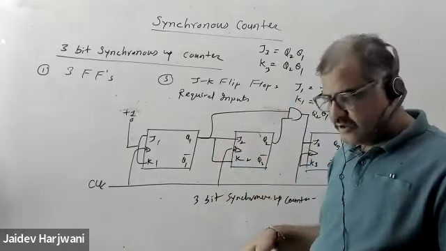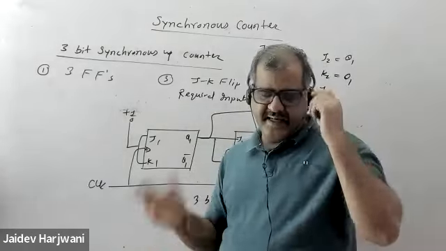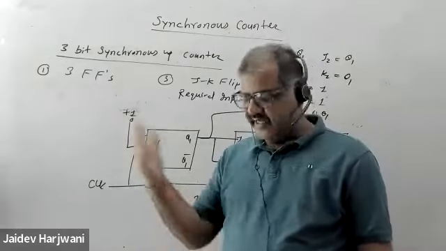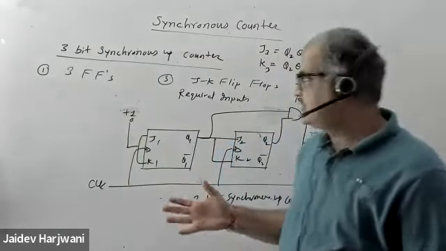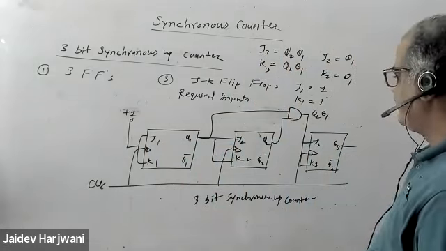You can start with 0 0 0, but if it is repeating, it will come back. Otherwise, whatever terms there are will keep rotating. This was your 3-bit synchronous up counter.